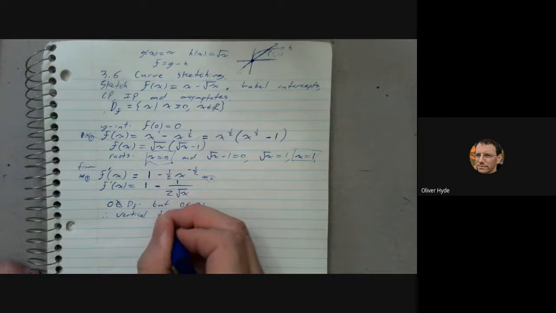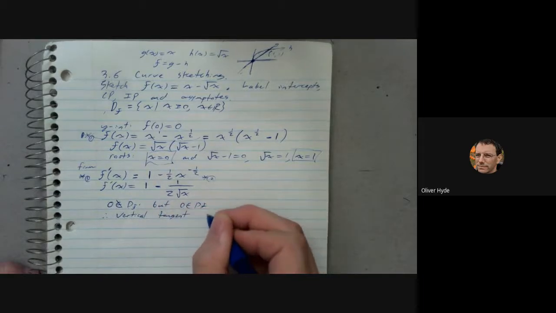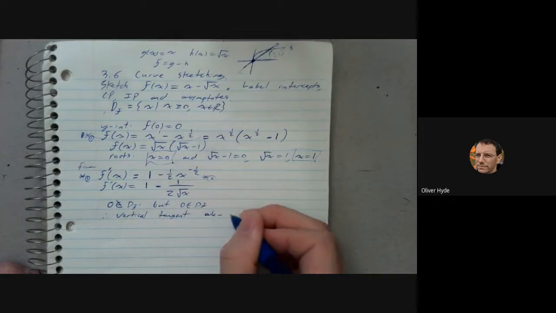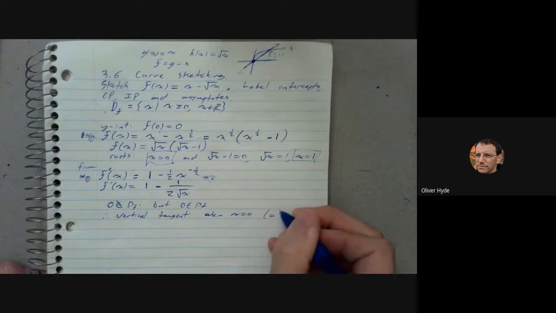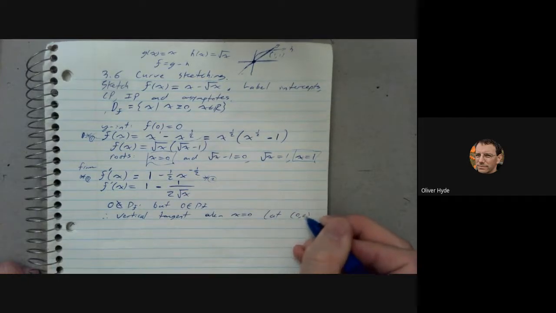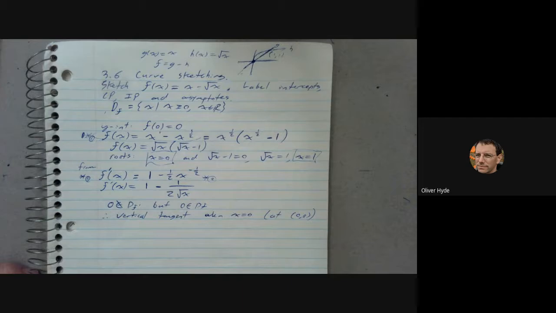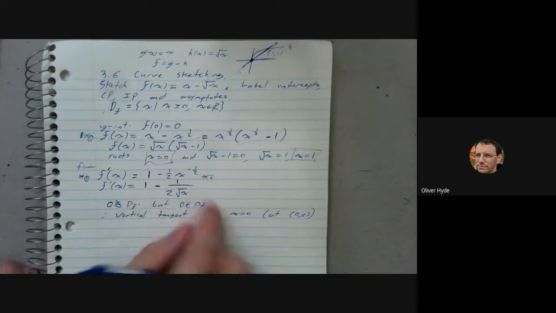And therefore, I'm going to predict that we likely have a vertical tangent when x is equal to 0, or in other words, at (0, 0). Okay, I'm not seeing a jump discontinuity occurring here, but I'd notice that f prime of 0 is not going to exist. You can't do 1 minus something that doesn't exist and say that it's just going to be 1. It doesn't work.